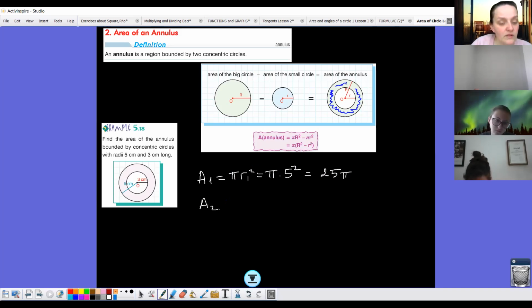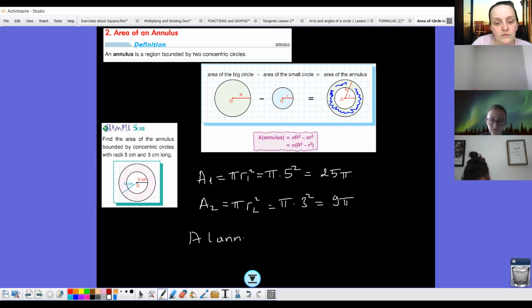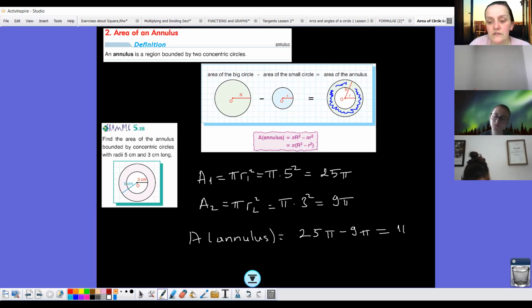The second one, the smaller circle, will be pi r2 square, which is pi times 3 square, 9 pi. So the area of the annulus will be 25 pi minus 9 pi, which is 16 pi centimeter square.